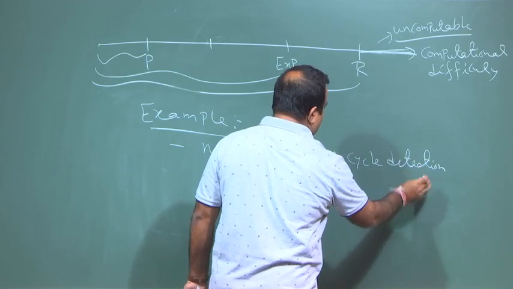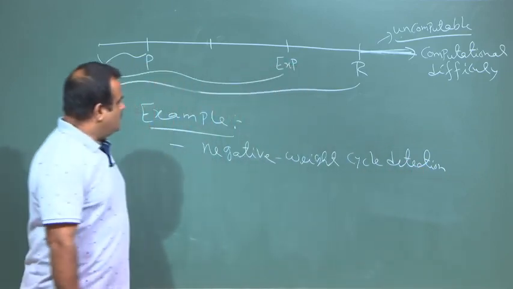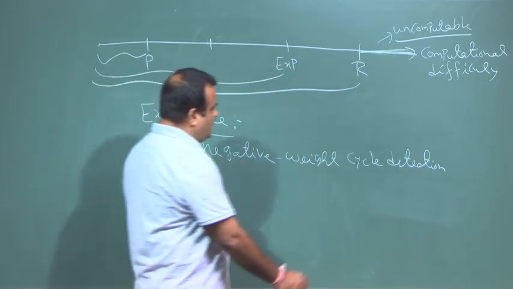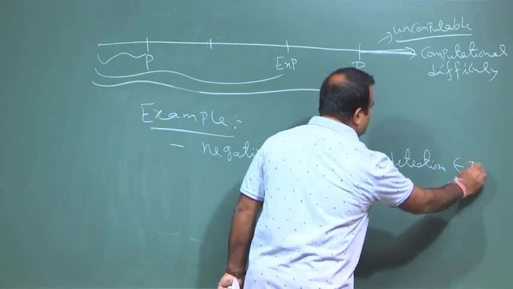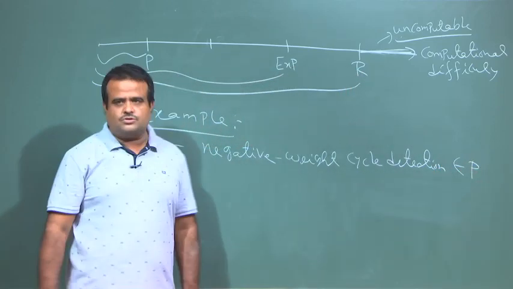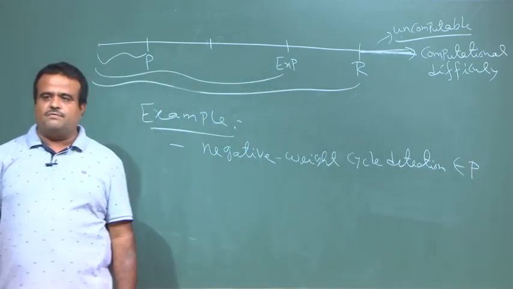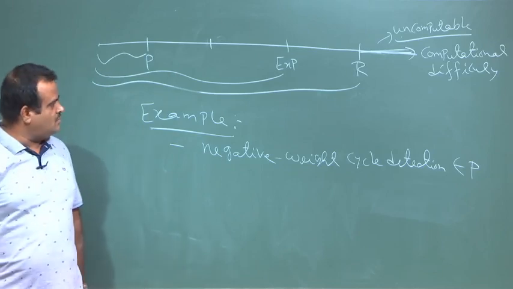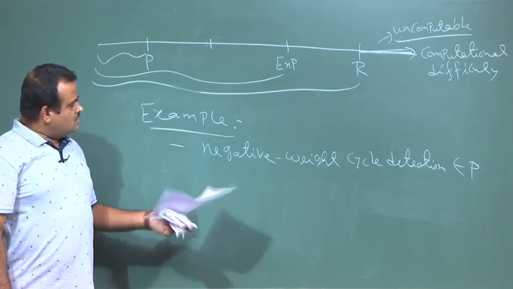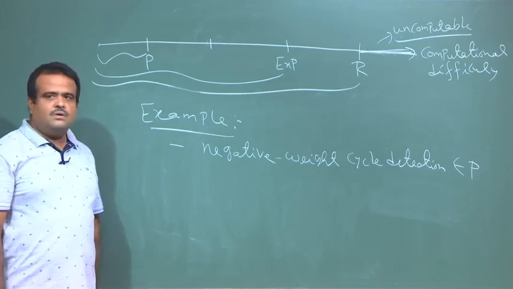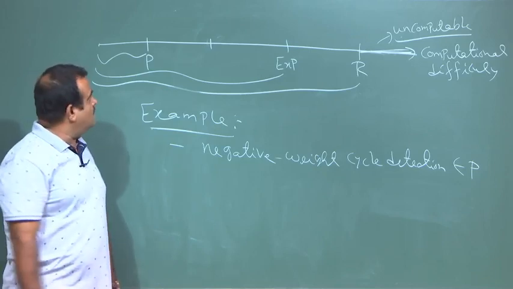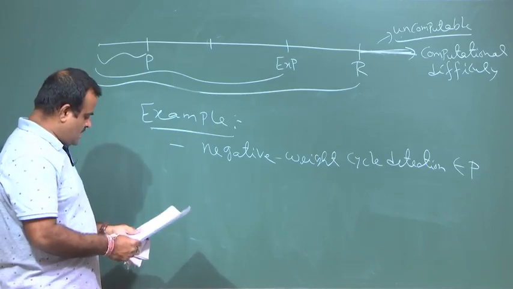We know this is in P, because we know an algorithm, the Bellman-Ford algorithm, whose time complexity is order of V into E. So, that is a polynomial time algorithm. This is an example of a problem in P.